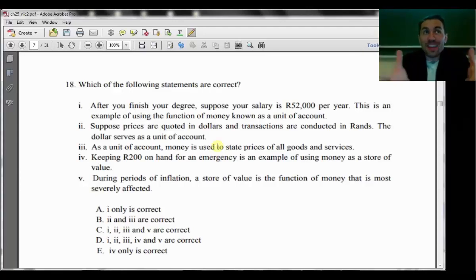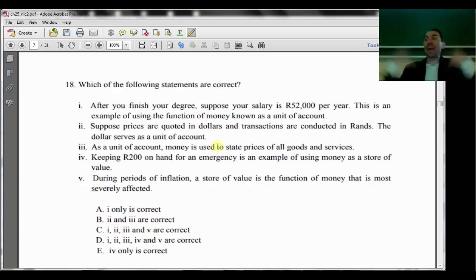Remember, unit of account is the price of something. The price of the milk was 25 Rand. That was the unit of account. The price of my labor is 52,000 Rand. That's a unit of account.